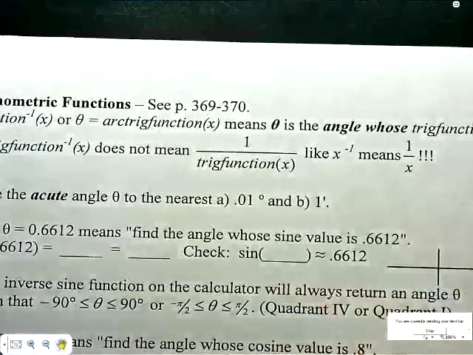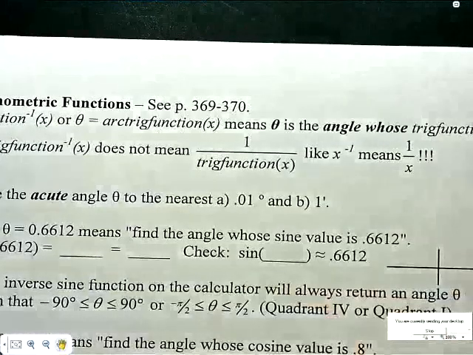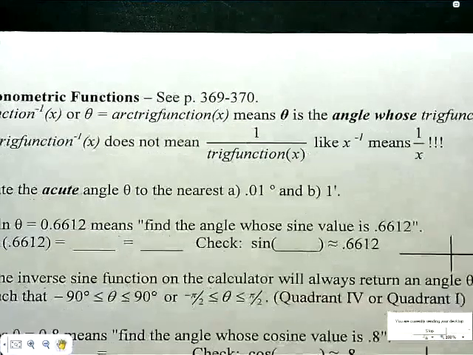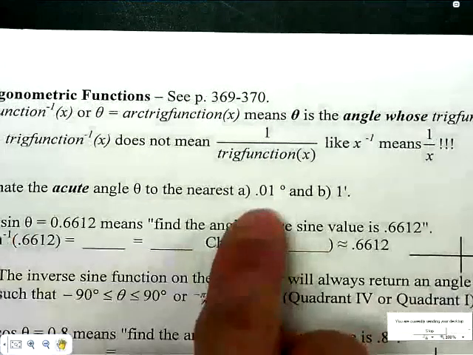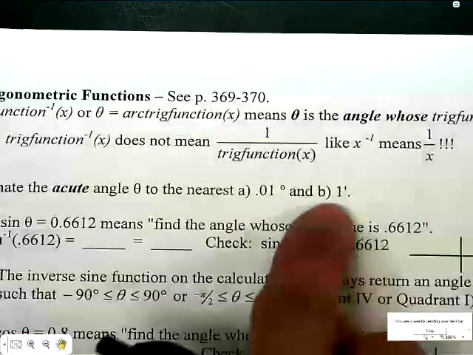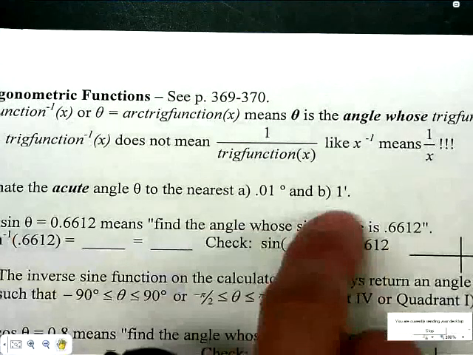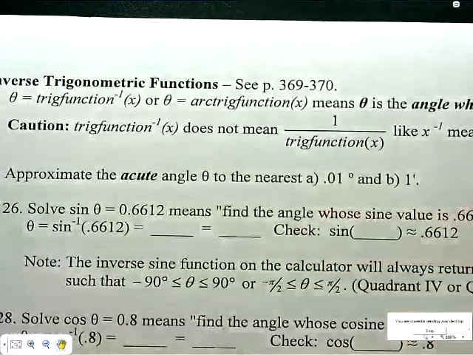All right, the next problems, the problems that I didn't mean to ask you yet, say approximate the acute angle theta to the nearest 1/100th of a degree and to the nearest minute. But both of those are in terms of degrees or minutes. So when we're doing these problems, I want you to make sure your calculator is in degree mode.